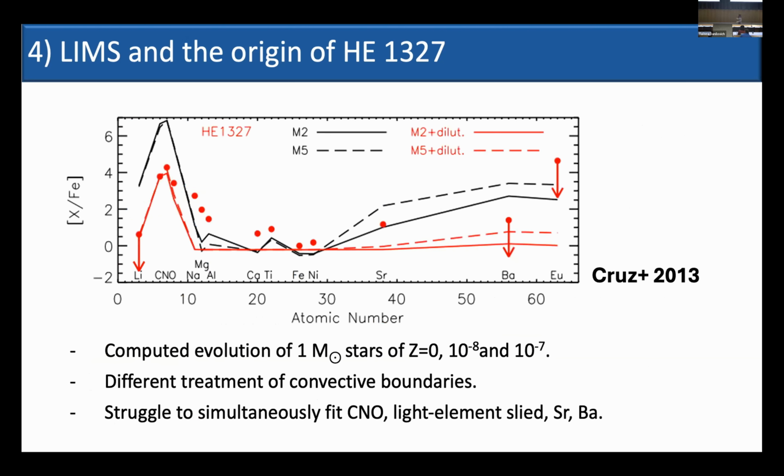Also, Cruz et al. in 2013 tried to match the yields of a one solar mass star, again of different extremely metal-poor values. They tried to match the composition of this star, but they couldn't simultaneously get the light elements and the heavy elements. So it was a problem.